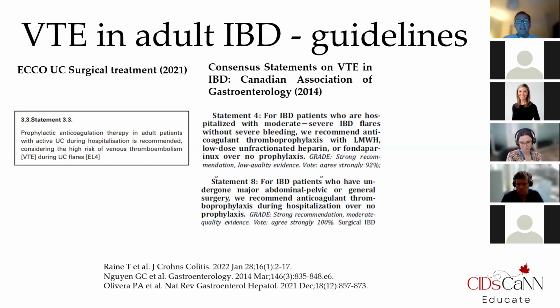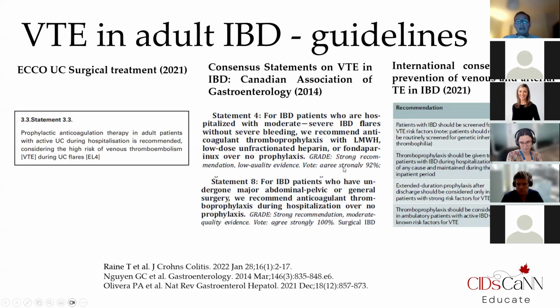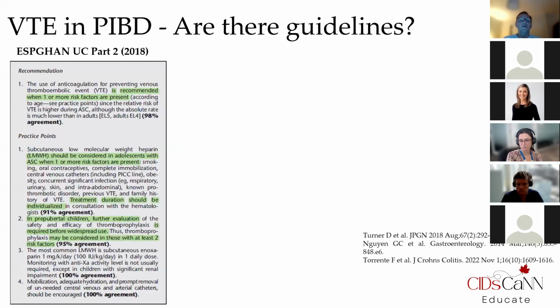The Canadian statement is fairly similar, and applies to IBD overall, not just ulcerative colitis. And again, there is a consensus statement saying the same thing. So in adults, the evidence is clearer, and the effective treatment with low molecular weight heparin is clearer too. Next slide, please.